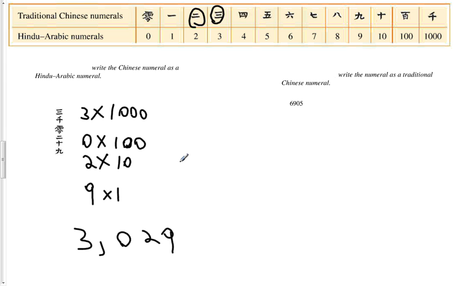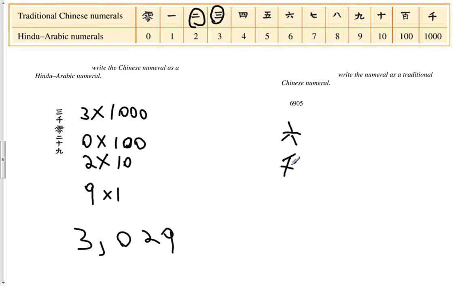All right, now the next thing we want to tackle is writing a Hindu Arabic number like 6,905 as a Chinese numeral. Let's see. 6,000 would be 6, which is this symbol here.